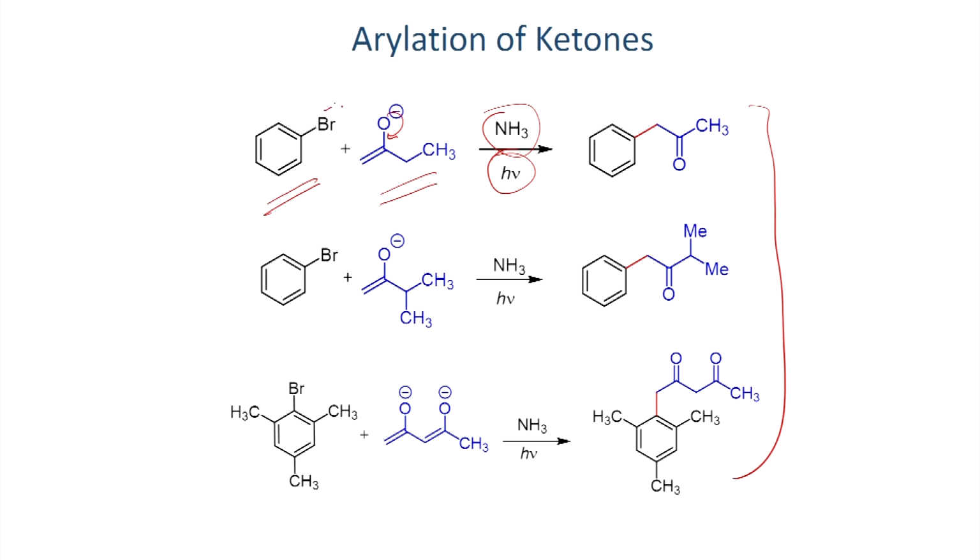Once you form this one, it can undergo reaction as we have just seen, and it will be converted into Br minus, and you will be able to have this alkyl benzene. What you do here is a carbon-carbon bond formation. It involves a radical.